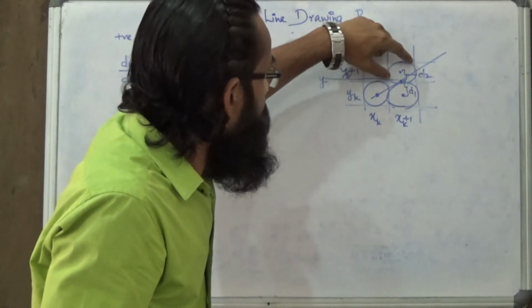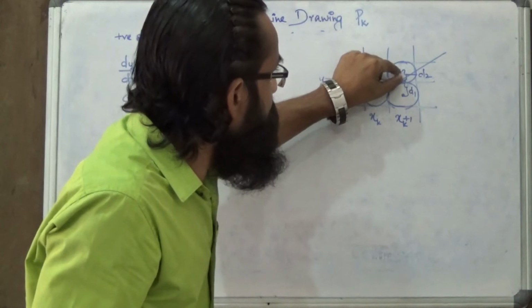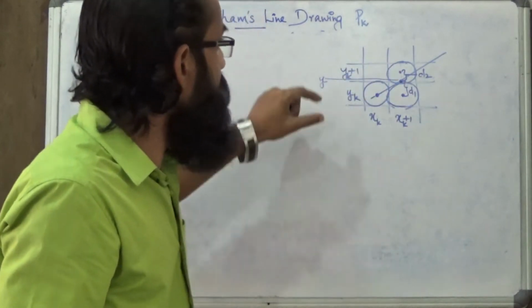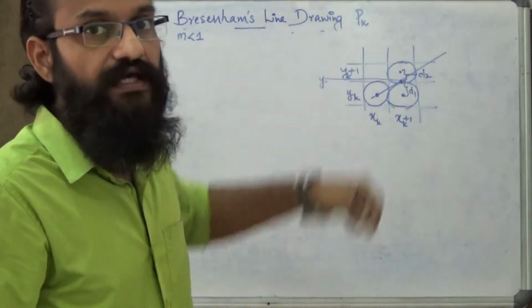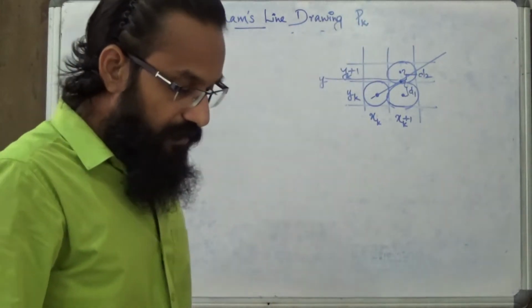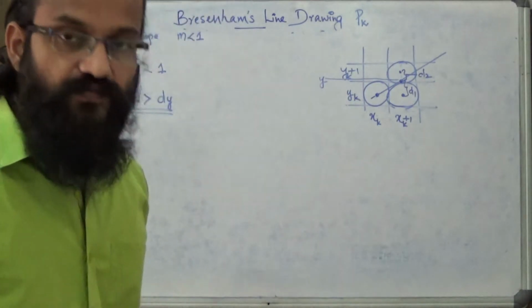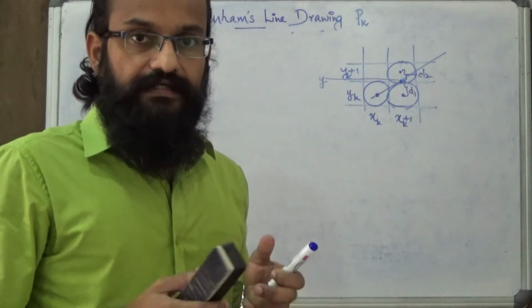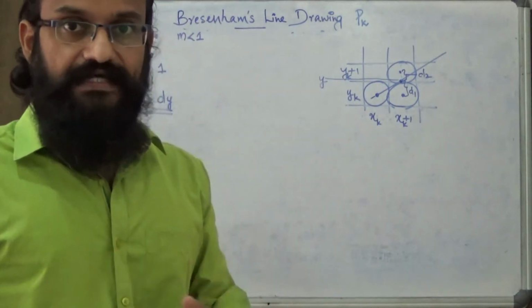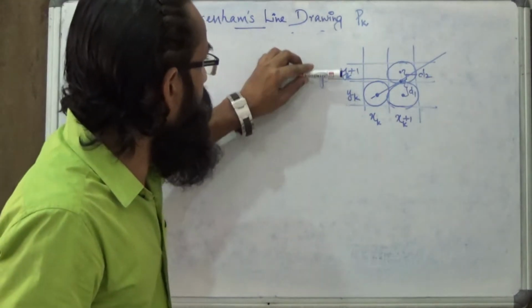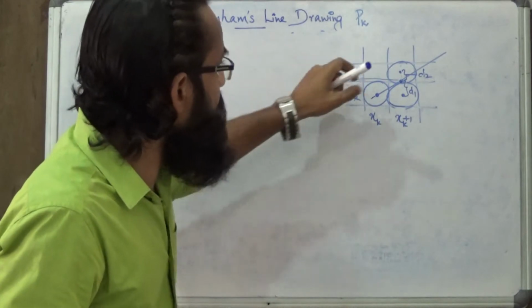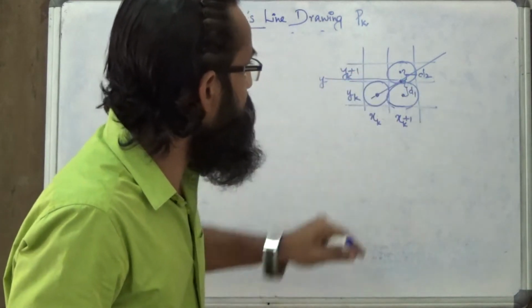And if d2 is lesser, then that means the upper pixel, that is the pixel in the scan line yk plus 1, is closer to the actual line path. So at k plus 1 step, it is clear that the x value will be xk plus 1, but the y value could be yk or yk plus 1, and that is dependent on this distance.